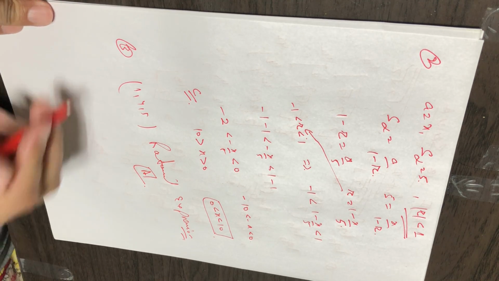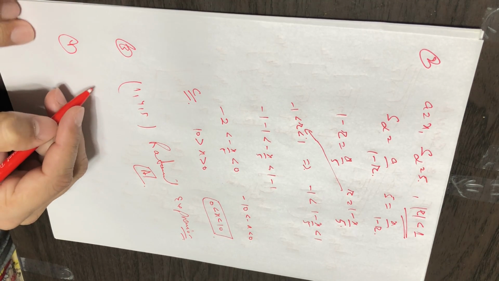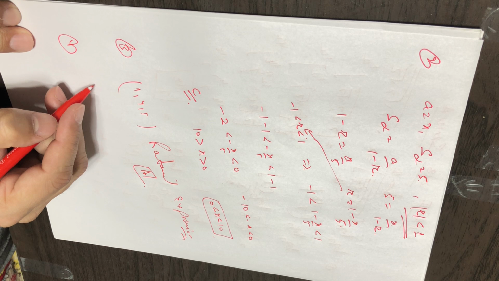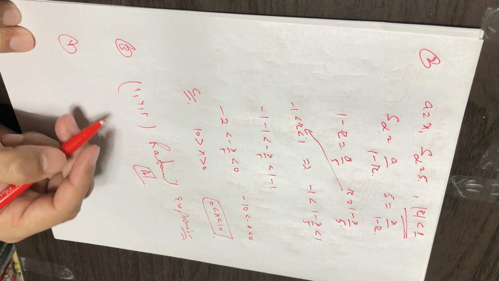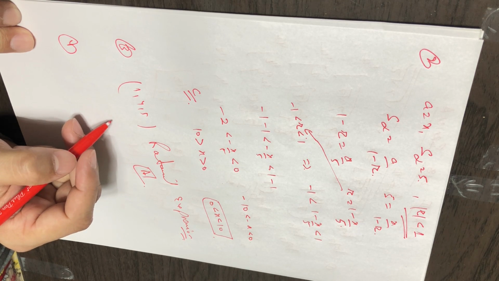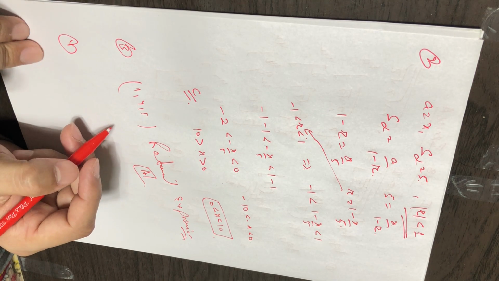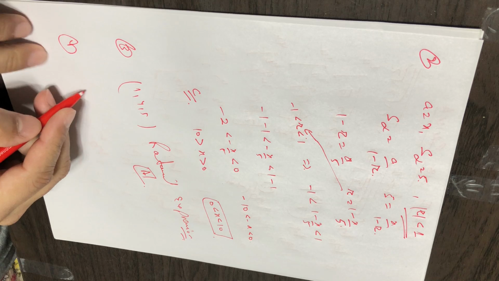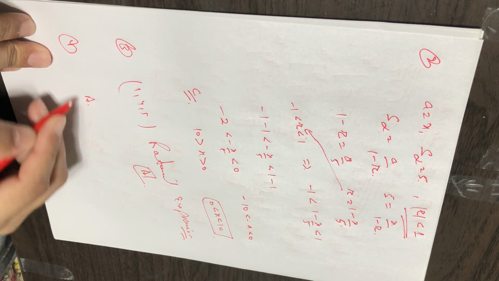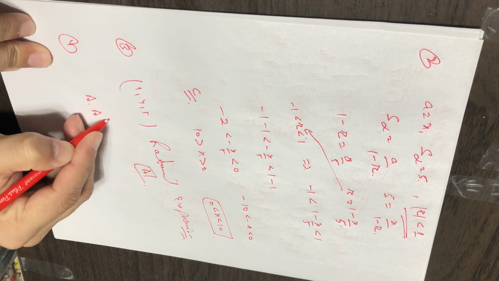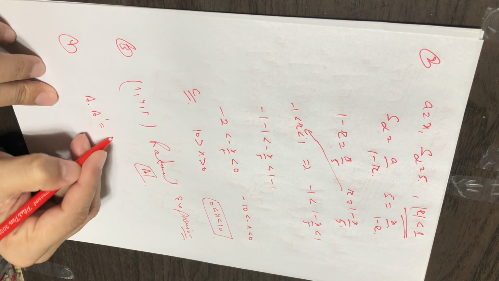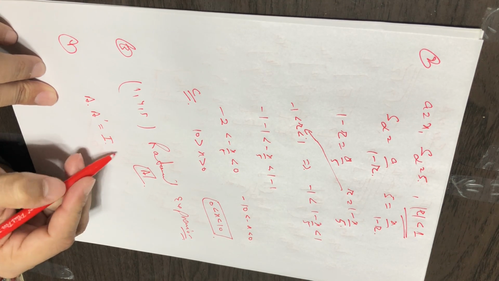Okay. Fourth question. A is a square matrix. We are going to find out the conditions when it will be orthogonal or not. In this case, a square matrix is given. So if you multiply A with A complement, A prime, we get an identity matrix.